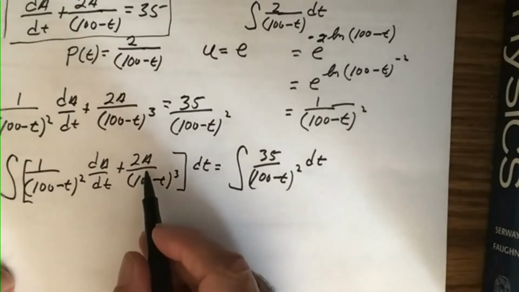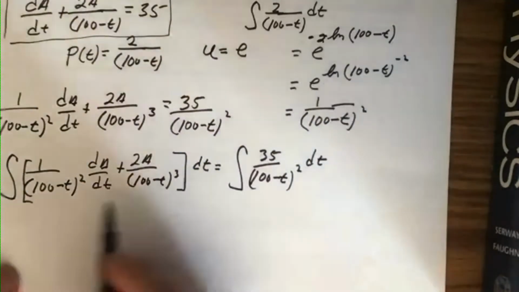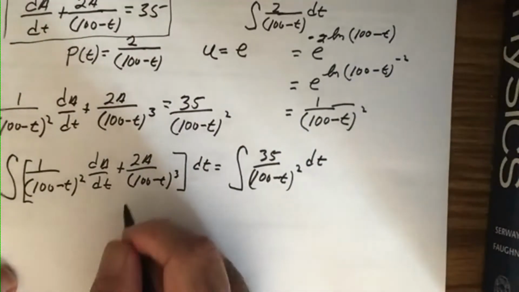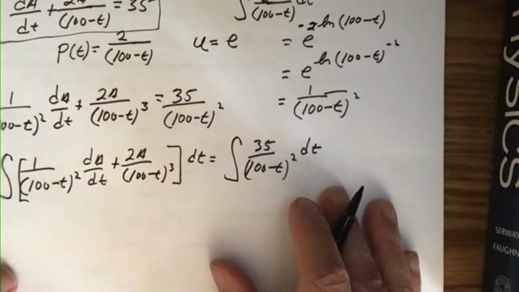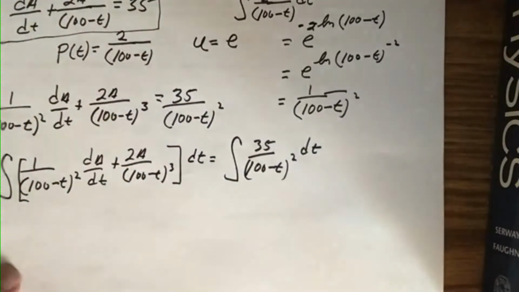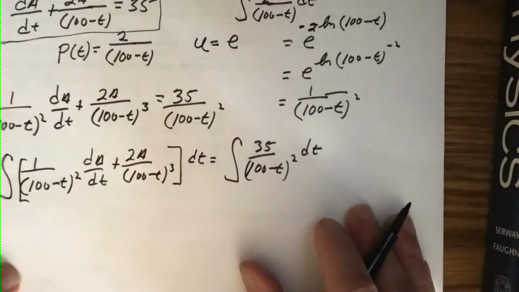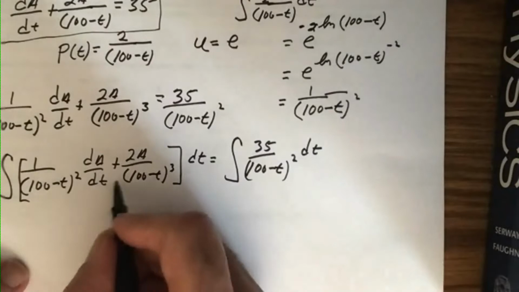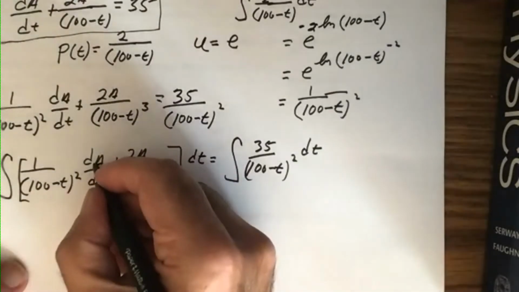Well, this integral is just going to be equal to a times the integrating factor. So this integral looks complicated, right? But the way we set this up, the way I showed you why this works when we first did this. And if you understand why it works, that's fine. But the important thing is to be able to carry it out.